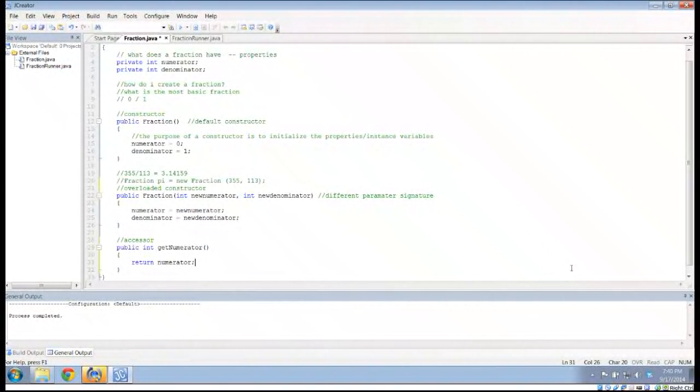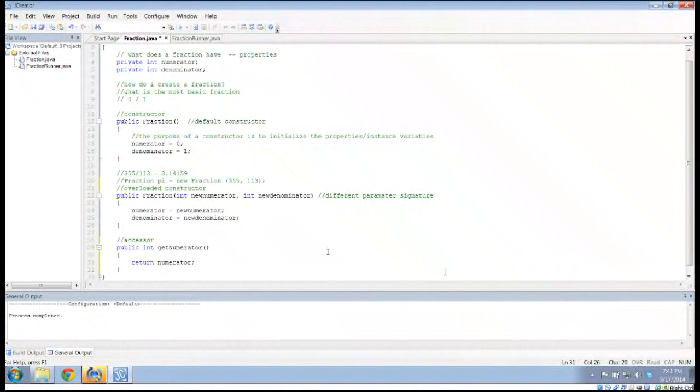Like what if I add myself to another fraction? That would change my value. Or what if I subtract or multiply or divide? What if I even reduced myself? That certainly would change my numerator's value. But here's what my value is right now.